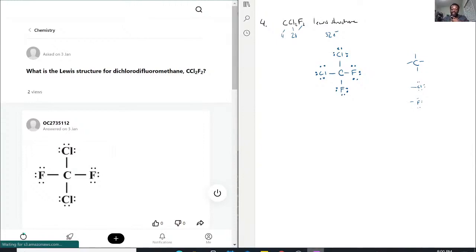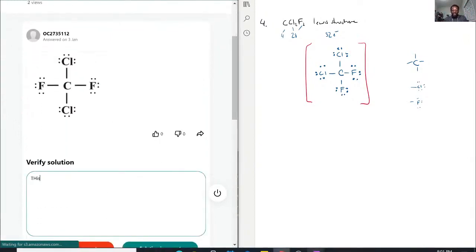Then there's 3 lone pairs on each outer atom, and times 4 of them, so that's 12 lone pairs, which is 24 electrons. So 24 plus the 8 electrons from the bonds, that is indeed 32. So this is our most stable and proper Lewis structure for dichlorodifluoromethane. So this is indeed correct.